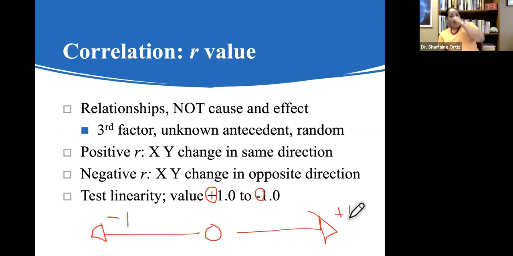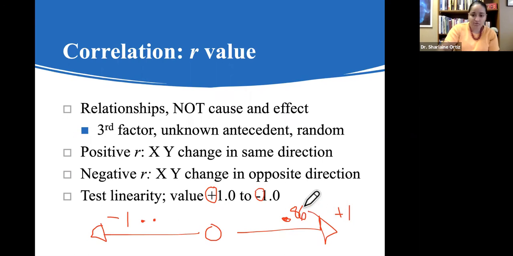So whenever we have our results for a correlation, say for example, the shoe size was related to test performance, and when I ran that statistic, it actually gave me a really high number. So let's say 0.86, which is really close to a perfect relationship.